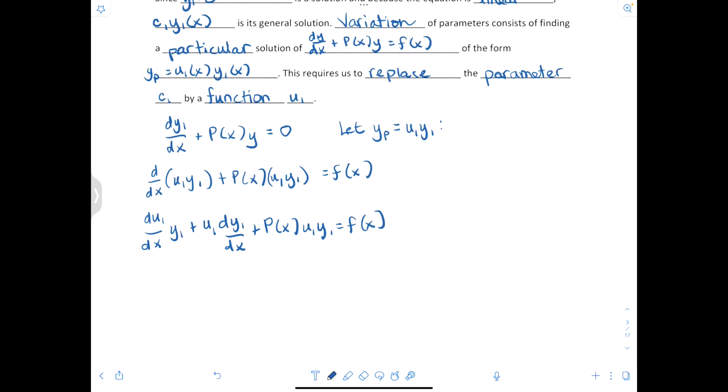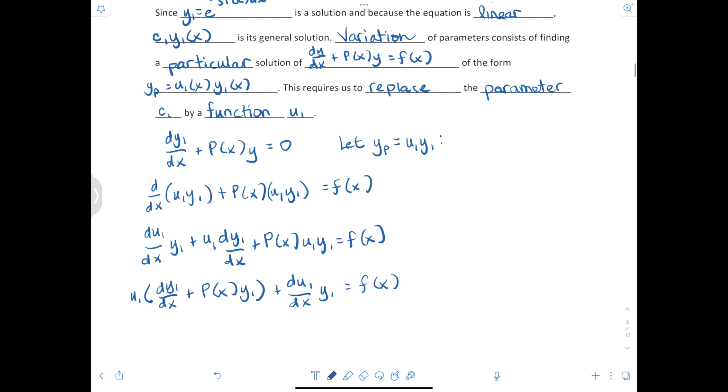Now, putting this together here, if I factor out a u1 from the second two terms, I would have u1 times dy1/dx plus p(x) times y1, and then I still have my du1/dx times y1 term equal to f(x).